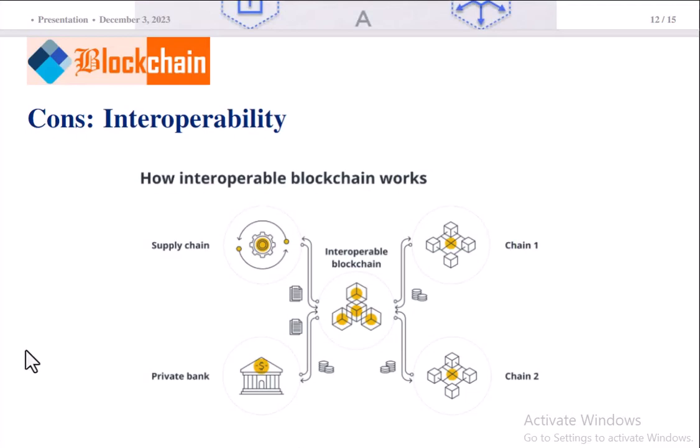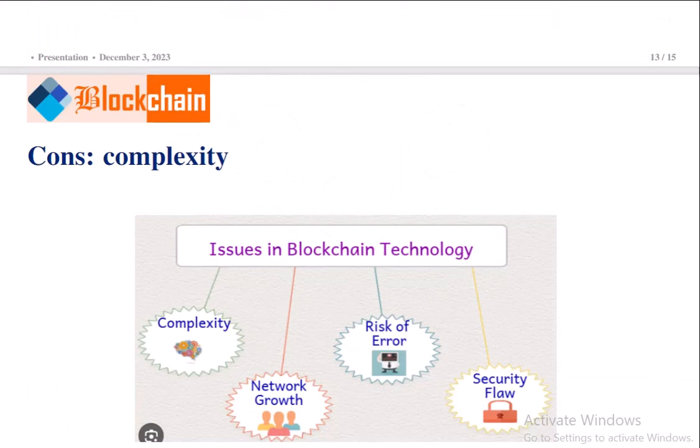Interoperability is to ensure compatibility and seamless communication between different blockchain networks. There are various types of blockchain networks, and these have some compatibility issues.